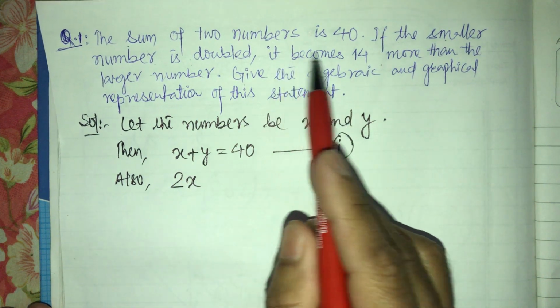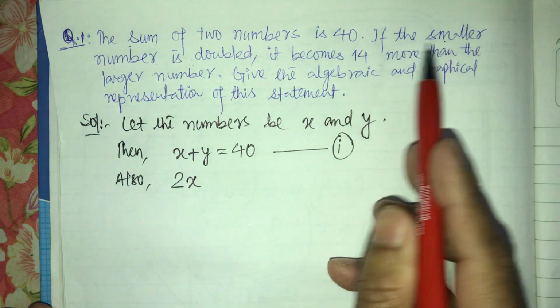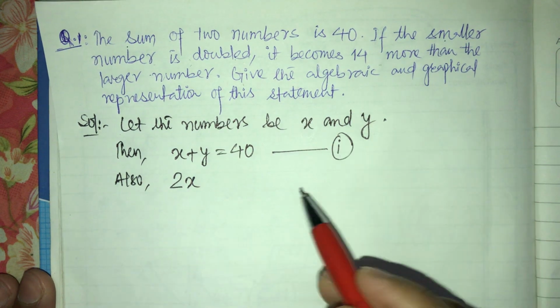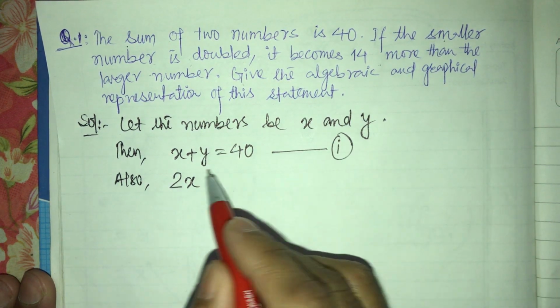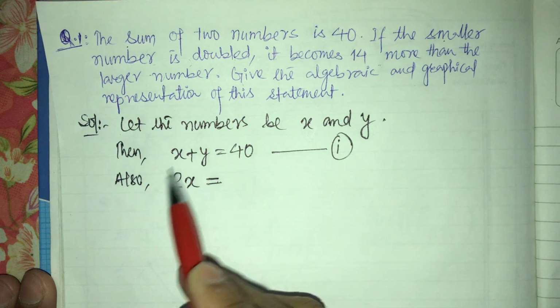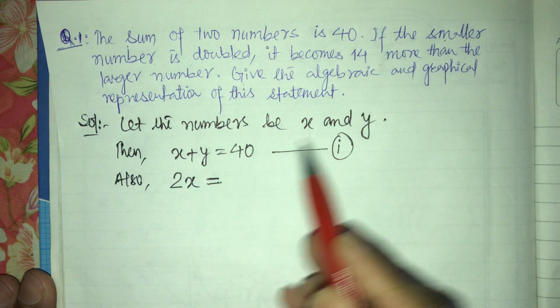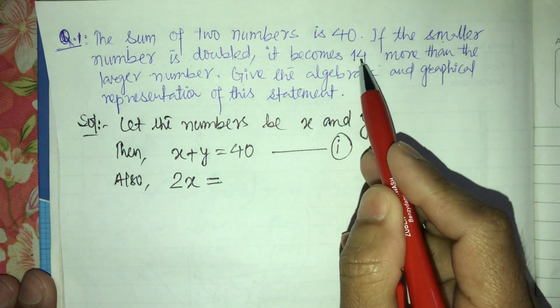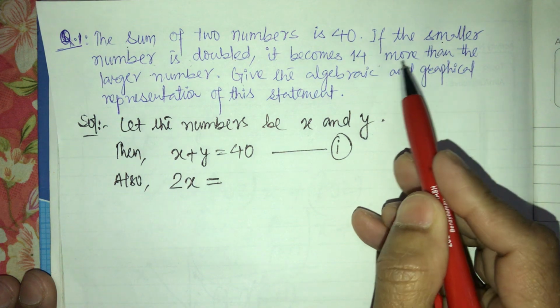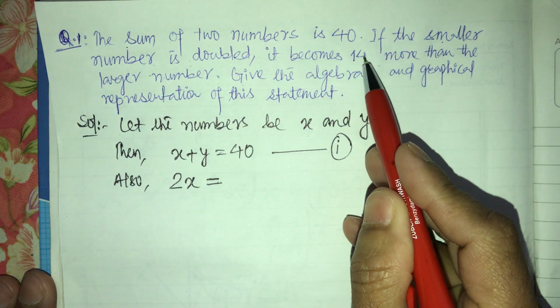Doubled, it becomes 14 more than the larger number. So it becomes means equal to. When you double it, it becomes 14 more than. More than, greater than, exceeds, this means you need to add there.